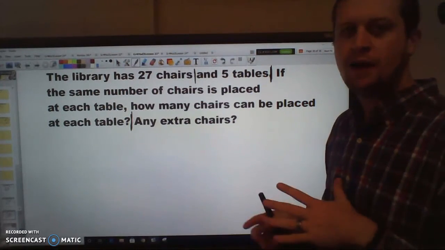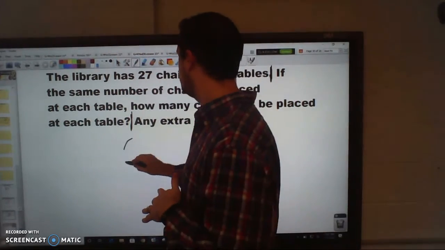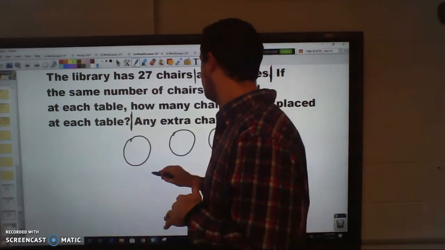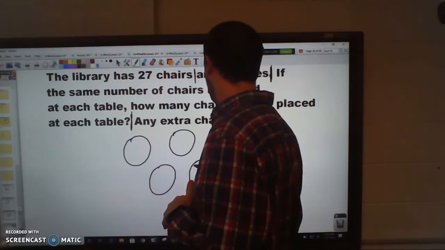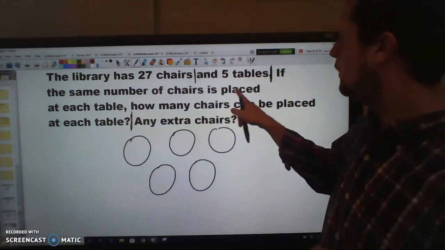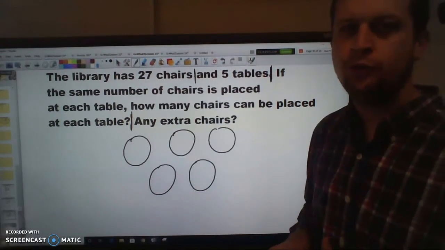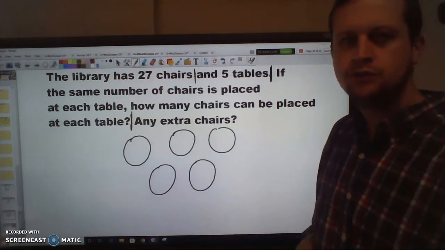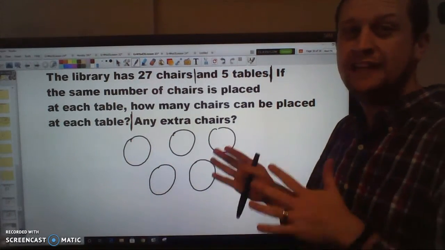Okay, so I'm actually going to do my 5 tables. 1, 2, 3, 4, 5. Okay, now the library has 27 chairs. So what I'm going to do is divide out those 27 chairs to the 5 tables. But I'm going to do it evenly.